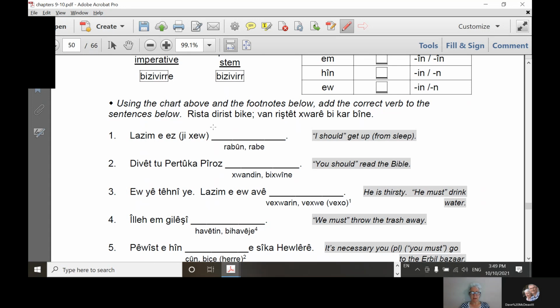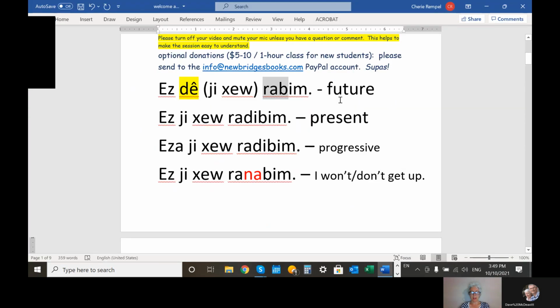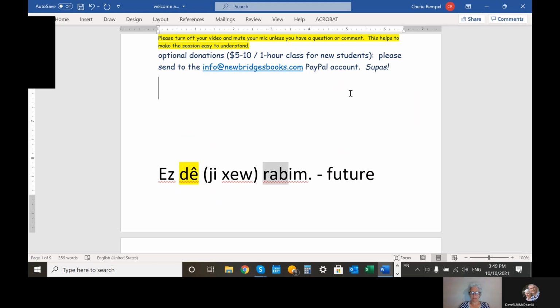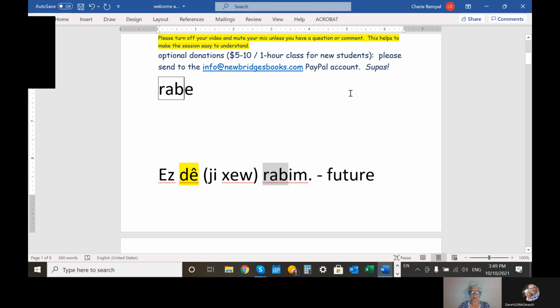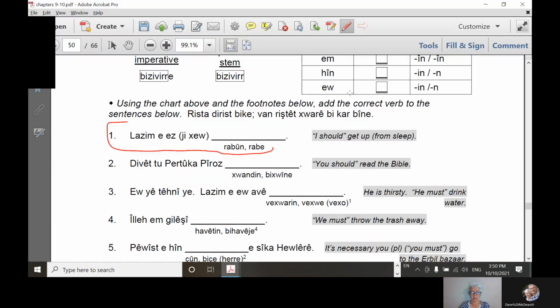So lazima as how, I should get up. Okay, what's that going to look like? So raba is our imperative, and rab is my stem. So what's my sentence?